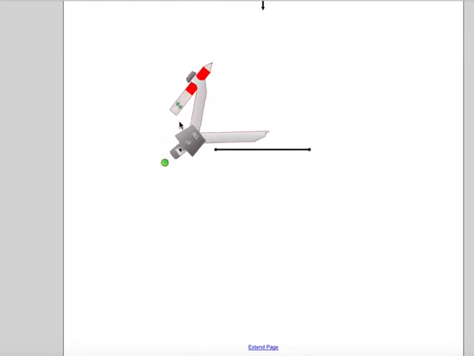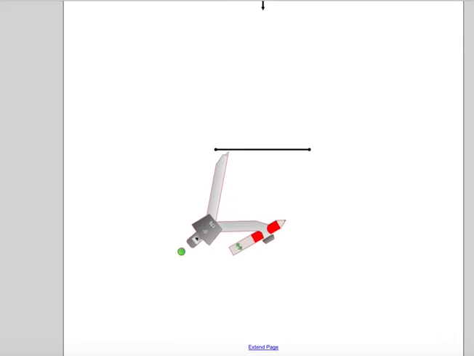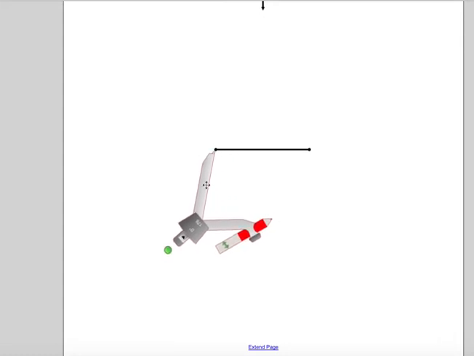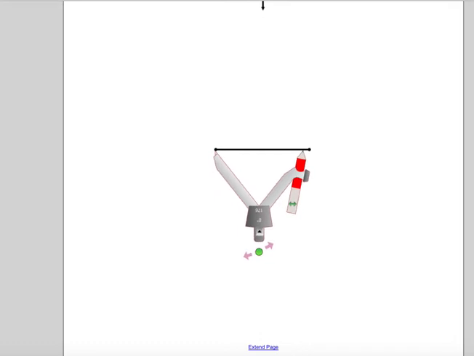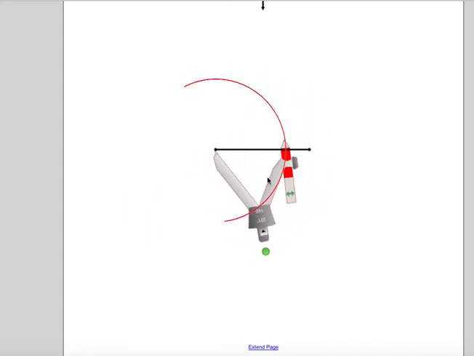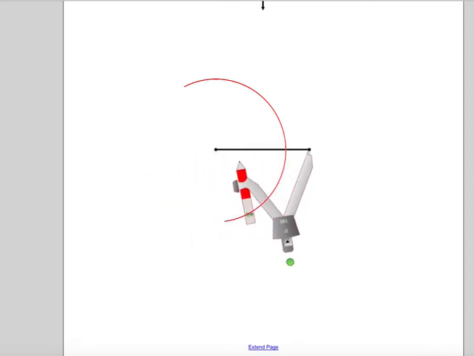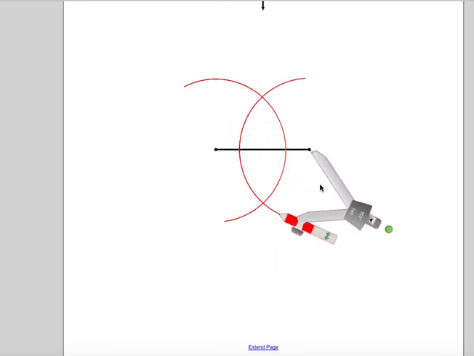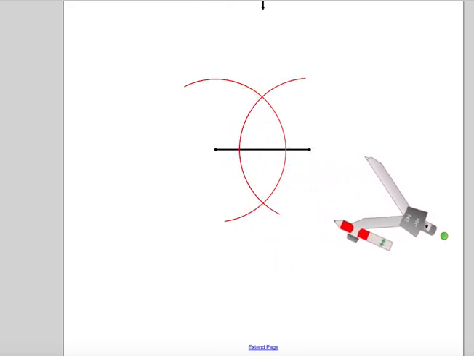So you want your opening to be more than halfway, but less than the whole length. And then one arc from one side, an arc from the other side, and where they cross, connect the dots from where they're crossing.